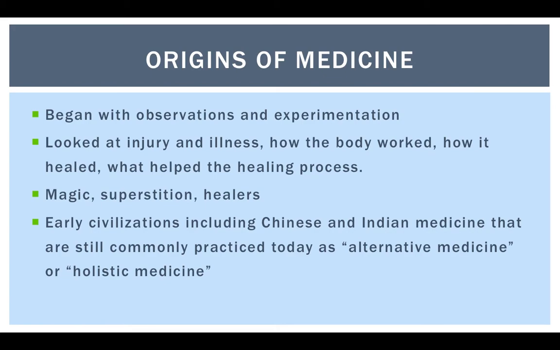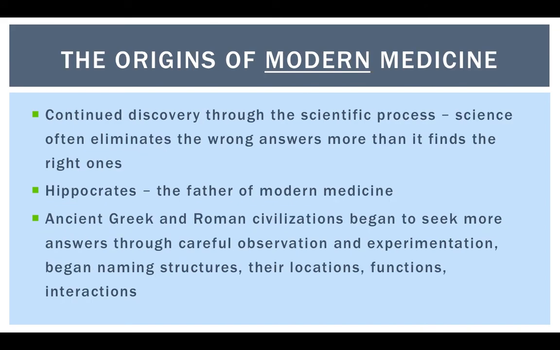When we're talking about some of these other medicinal approaches, such as Chinese or Indian medicine, they are usually called alternative medicine or holistic medicine. And so they have a little bit of a different focus. They focus on more natural solutions and they focus on the body as a whole. We're going to talk mostly about modern medicine or Western medicine.